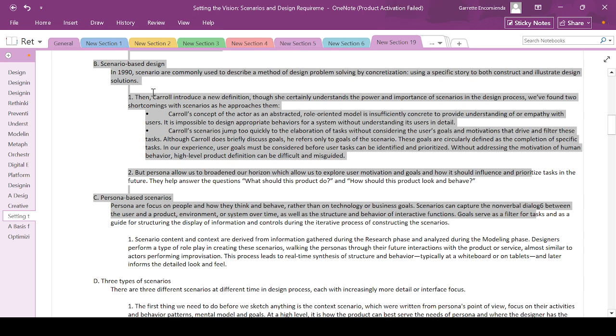Scenario-based design. In 1990, scenarios were commonly used to describe a method of design problem solving by concretization, using a specific story to both construct and illustrate design solutions.